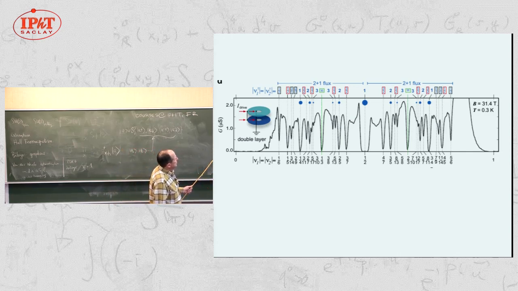Some of them can be explained by a generalization of the idea of composite fermions, which is a very simple picture. This is what is written here as 2 + 1 flux. So the idea is that in the usual composite fermion construction, you add 2 flux tubes onto each electron, and then these composite fermions do feel a reduced magnetic field.